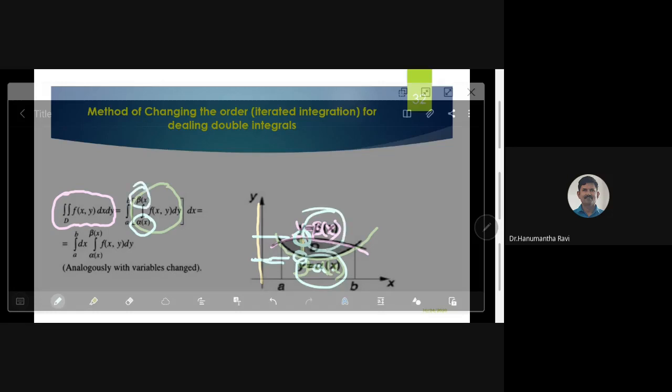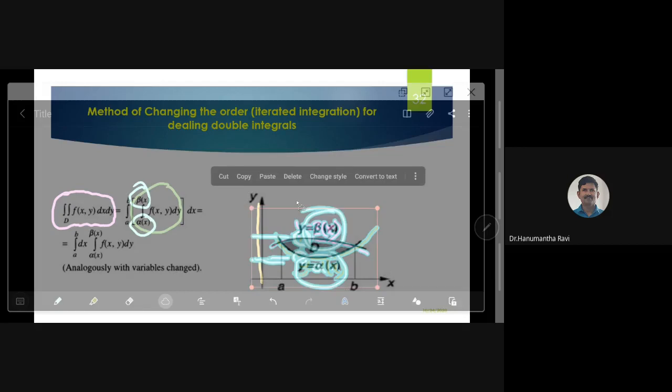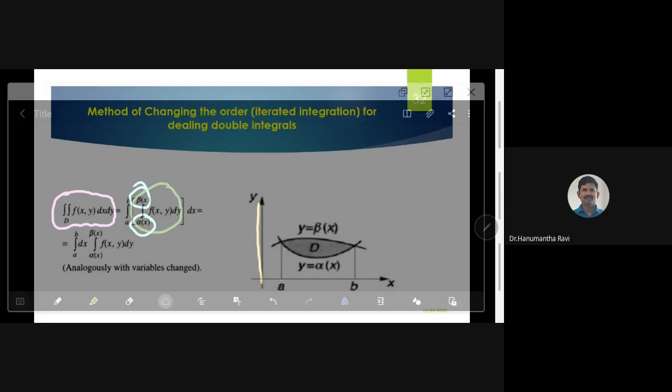Then what we are doing, so you have drawn a strip here, fine. Here the y value is alpha x, here the y value is beta x.